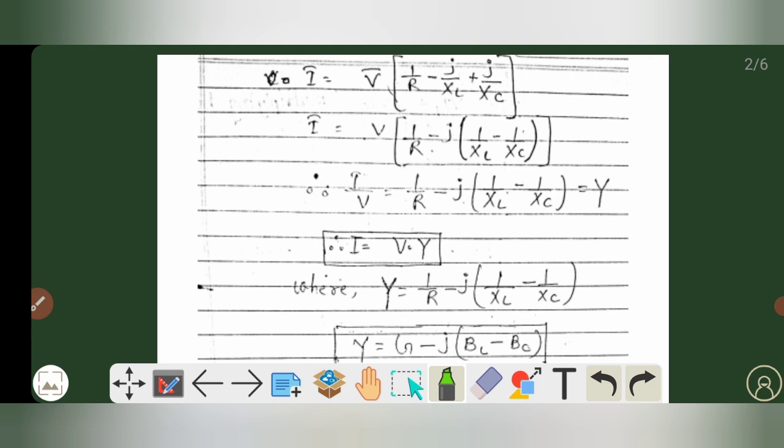We know that impedance is equal to V by I, so the whole equation is the reciprocal of impedance. The whole expression is denoted by Y, that is admittance.